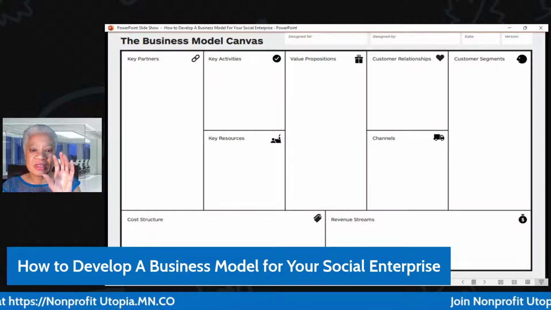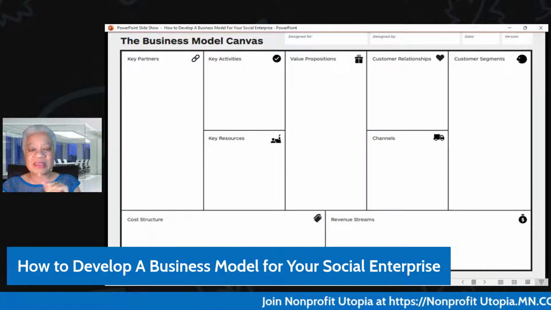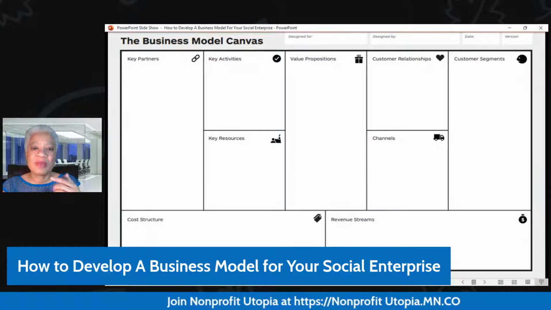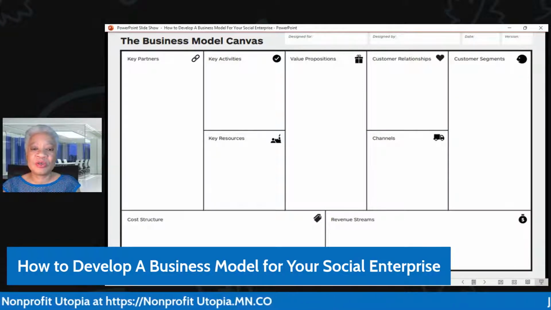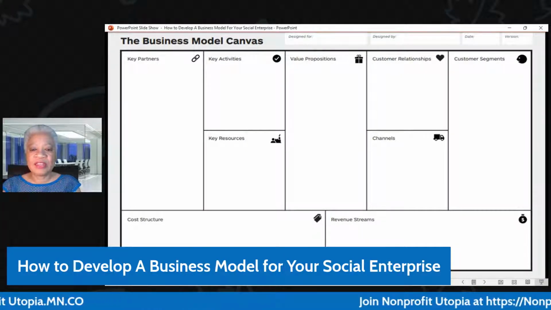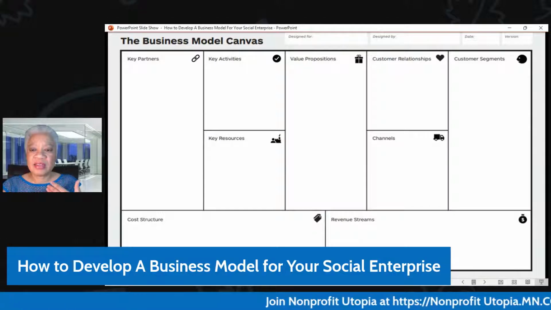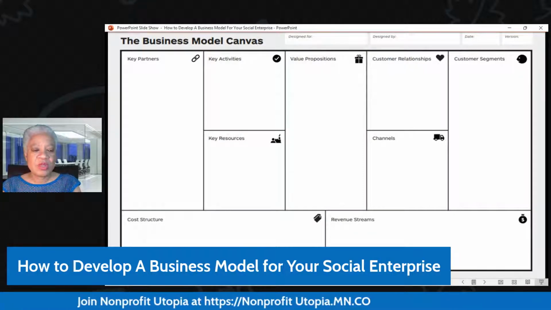And again, notice it's all in the middle to symbolize the fact that your business model should have as a central focus the value that you're delivering to your client. You've got customer relationships, you've got channels, you've got customer segments.